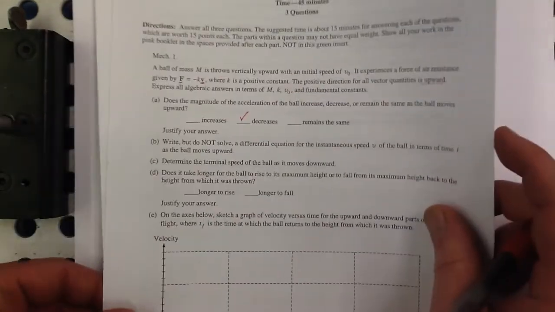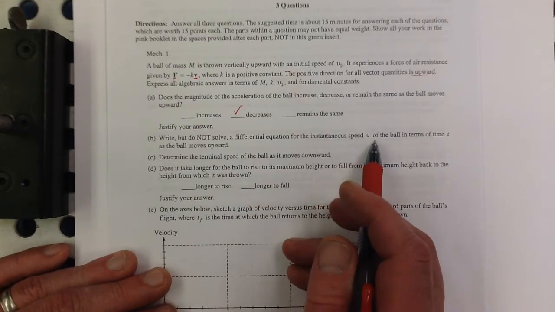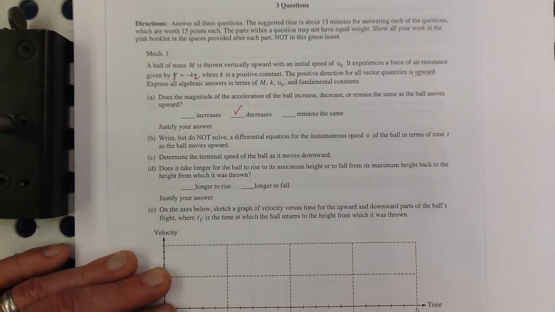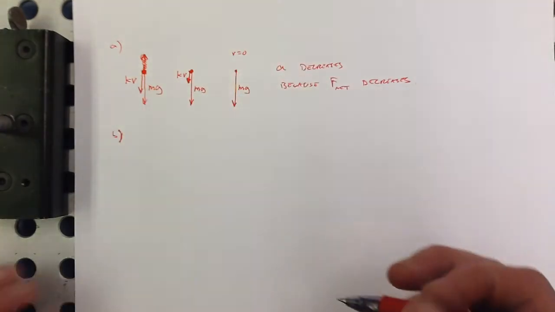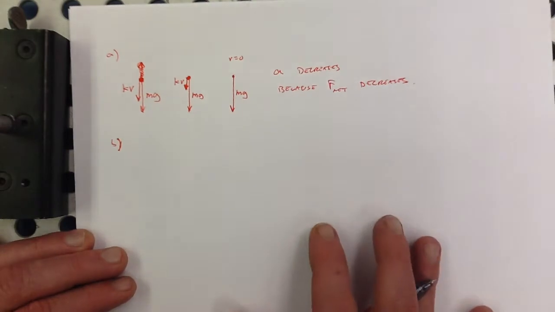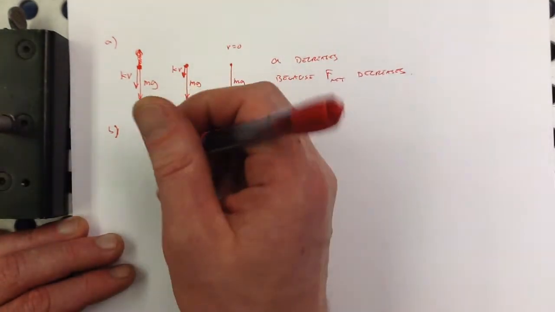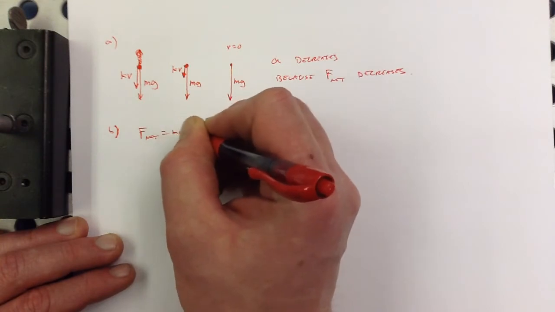Part B. Write but do not solve a differential equation for the instantaneous speed v of the ball in terms of time t as the ball moves upward. I've done that lots of times now, unless of course it's the first video you're ever watching about this. Net force is equal to mass times acceleration.